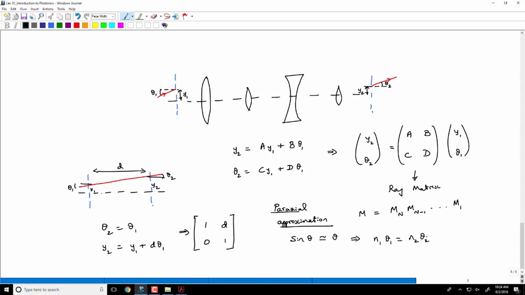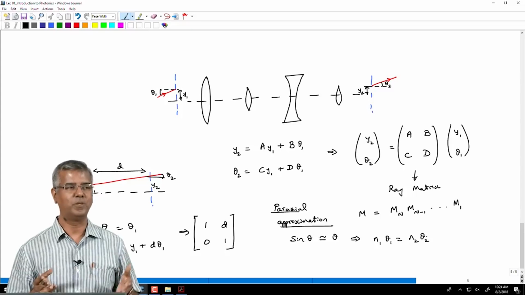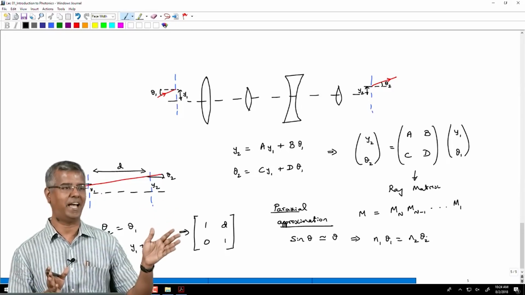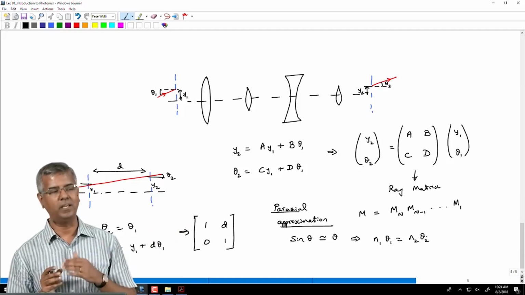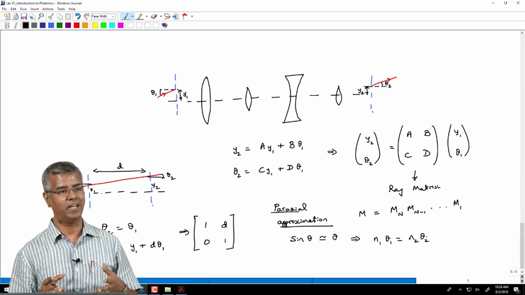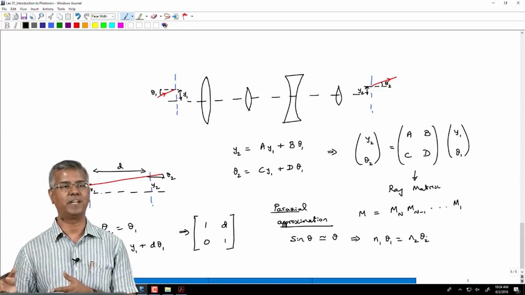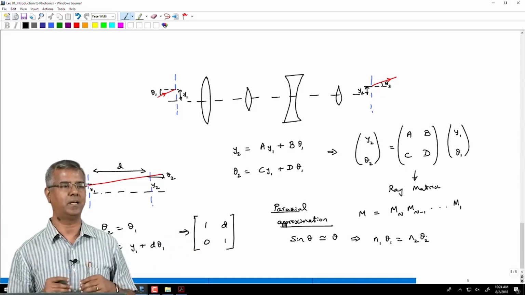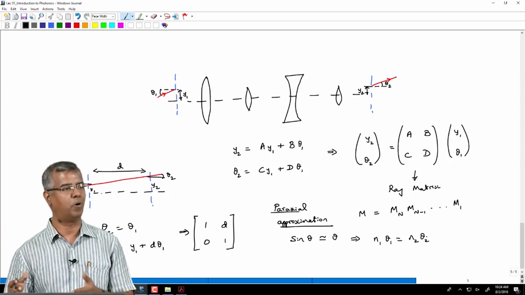So, what is the disadvantage of this? Obviously, you cannot account for rays that are making a very large angle with respect to the optical axis. So, if you have a very large numerical aperture like what we were trying to do with the endoscope, that cannot be modeled here.